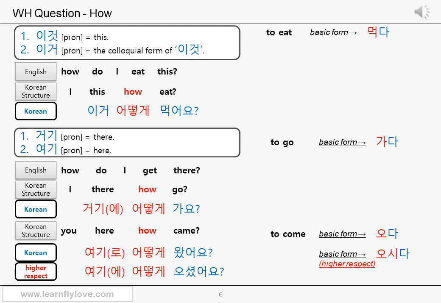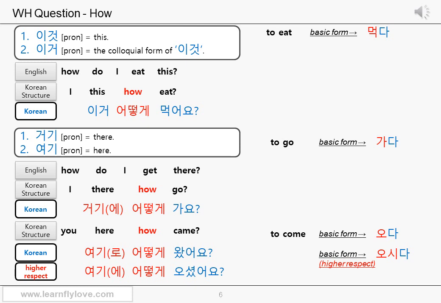The basic form of the verb "come" is 오다. The vowel used for the stem is the O vowel, but since 오 doesn't have any final consonant, its sound has to combine with the A sound of 아요: 오아, 와.